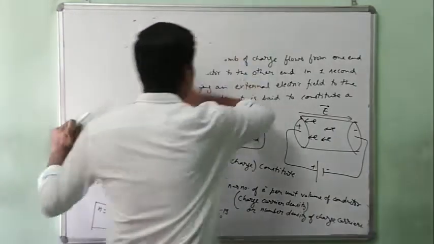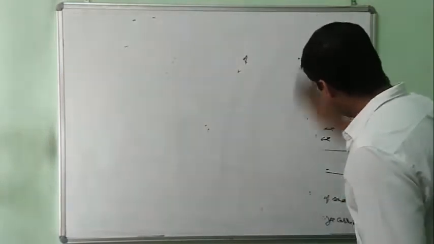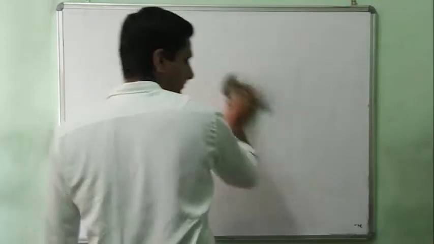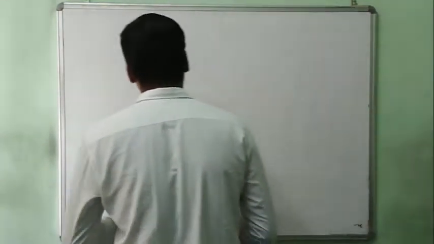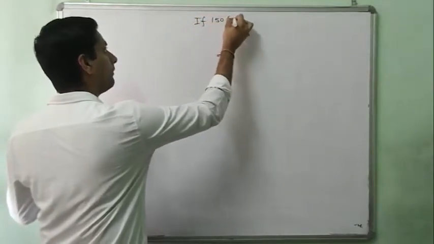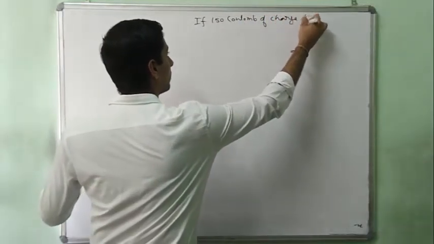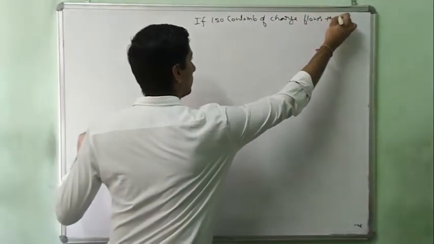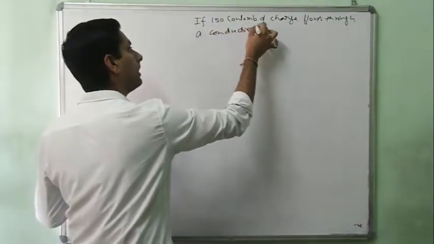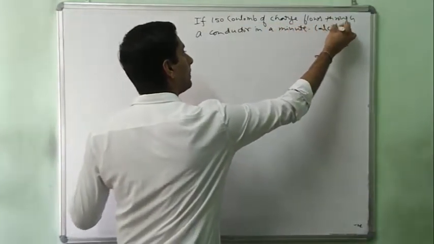Now, let us suppose the question is of the form: if 150 coulomb of charge flows through a conductor in a minute, calculate the current.